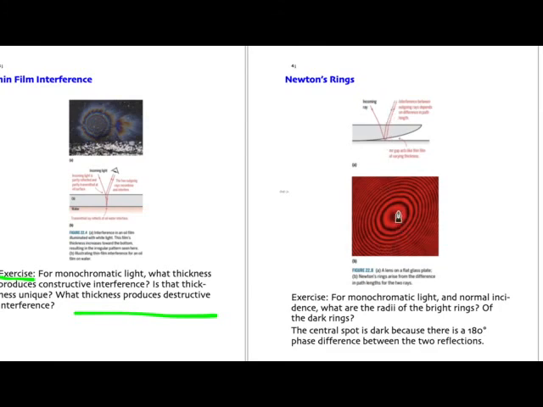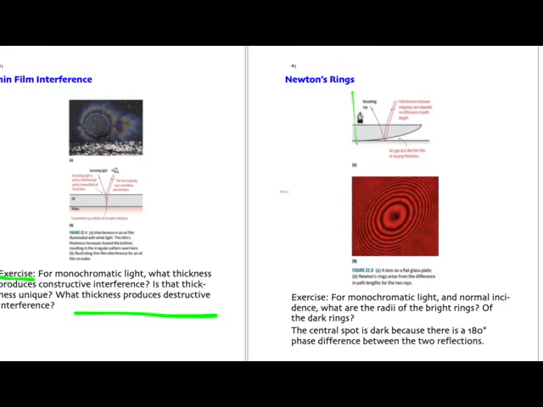So you'll get, because everything has this circular symmetry, I mean, here's the axis of the lens. Everything is cylindrically symmetric about that axis. You'll end up with fringes in the form of rings, bright and dark rings.